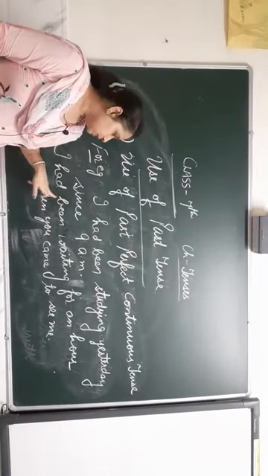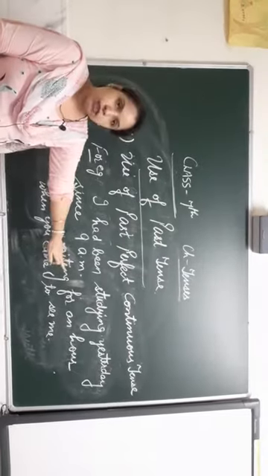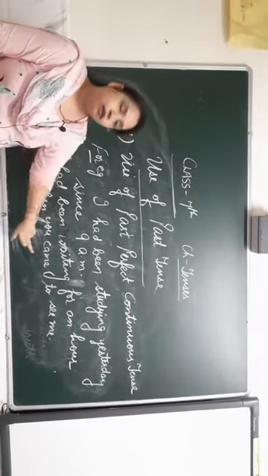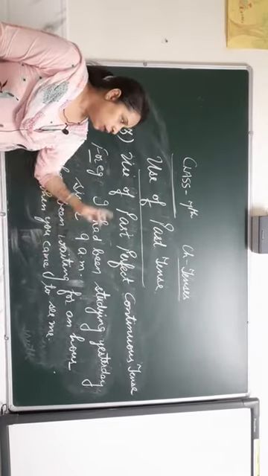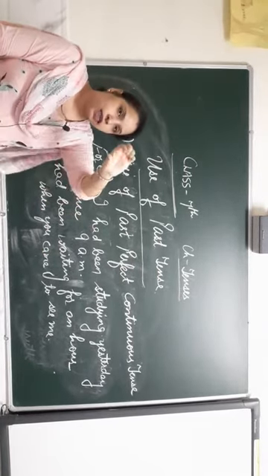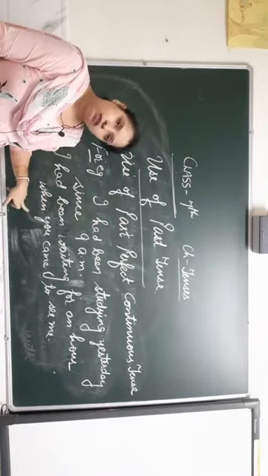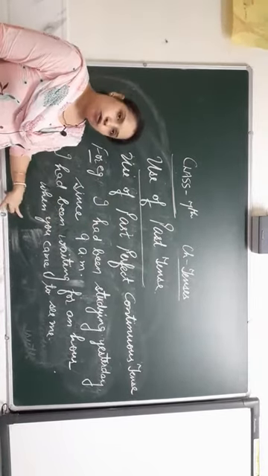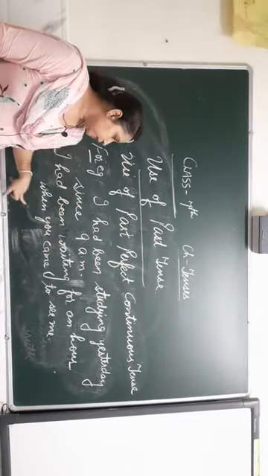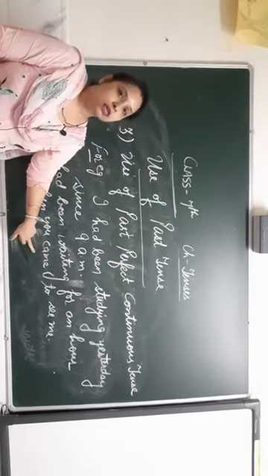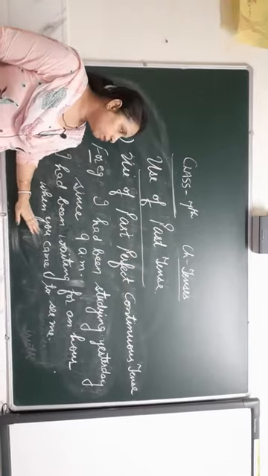Got it? This is past perfect continuous tense and the other clause will be in simple past tense. So this you have to keep in your mind. When you are using perfect tense, one clause is in perfect and the other should be in the simple past. Like that here also, one in the past perfect continuous and the other in the simple past. So this is the rule you have to keep in your mind.